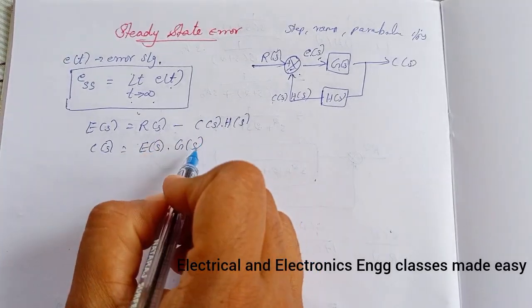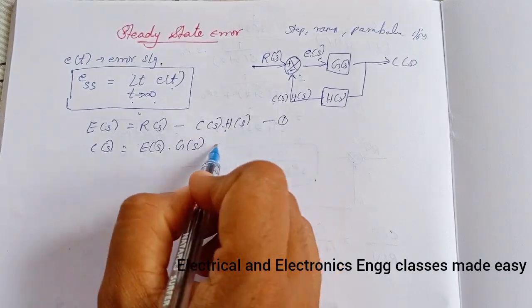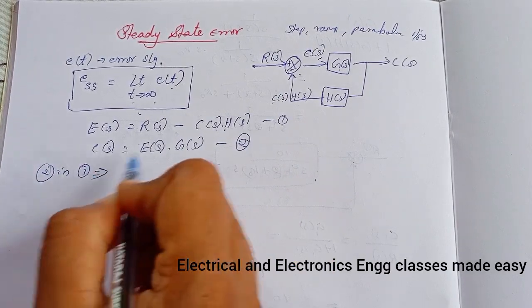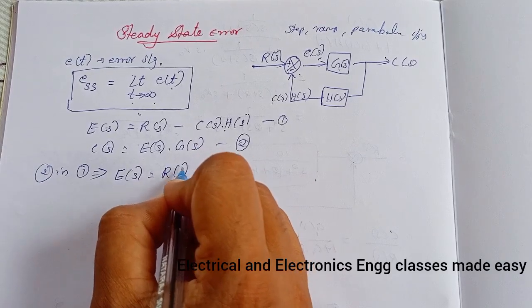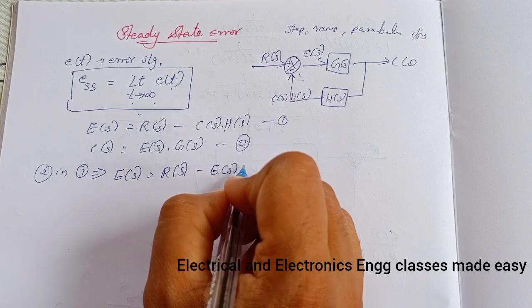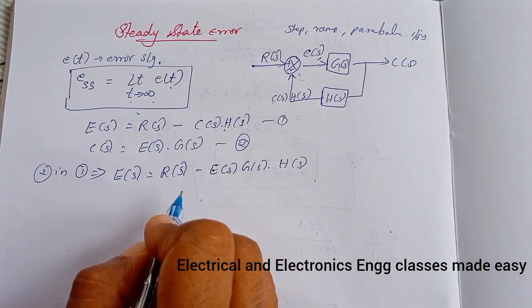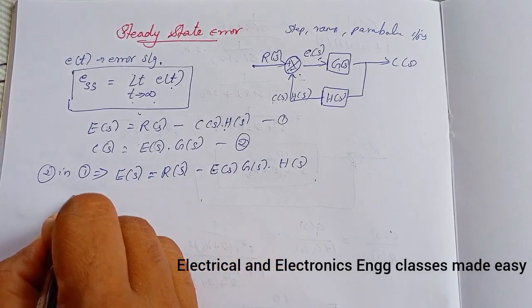Now substitute equation 2 in equation 1. We get E(s) equal to R(s) minus E(s)G(s)H(s). Now we can combine the E(s) terms together.